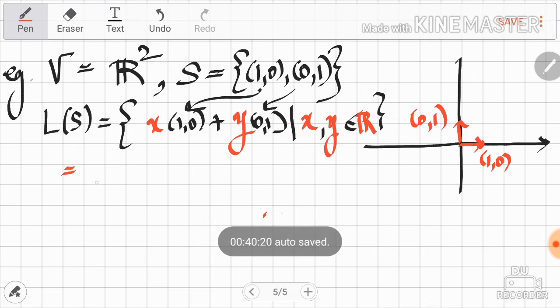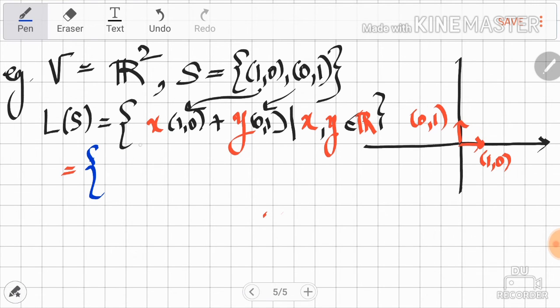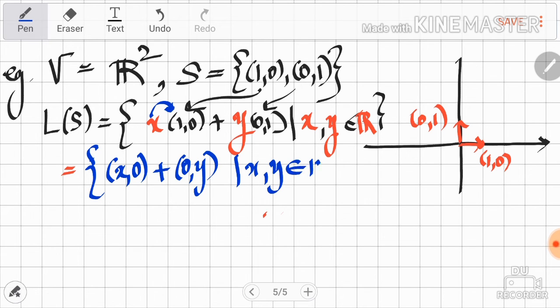So what would you get if you do something like this? If you take the x inside, you will get x times 1 is x and x times 0 is 0, plus y times 0 is 0 and y times 1 is y, with x and y taken from the set of real numbers.